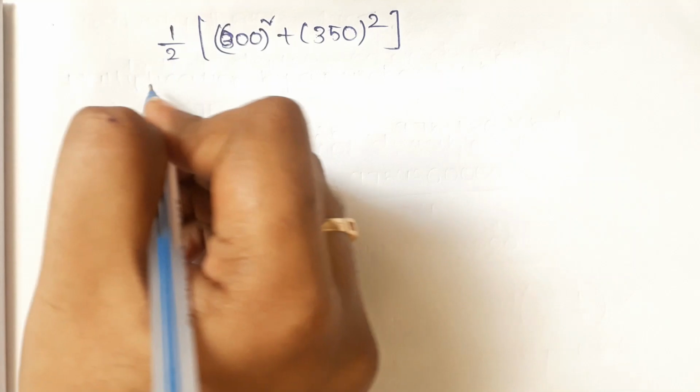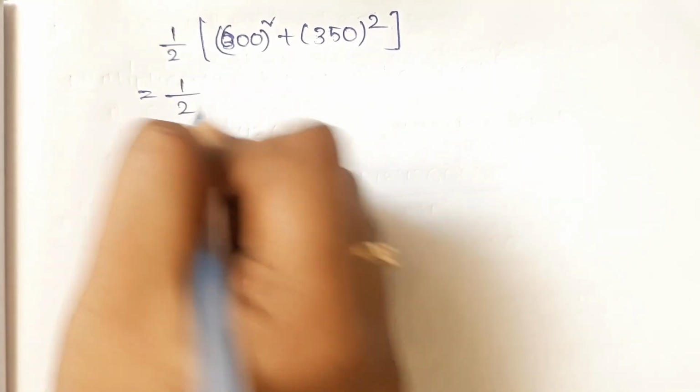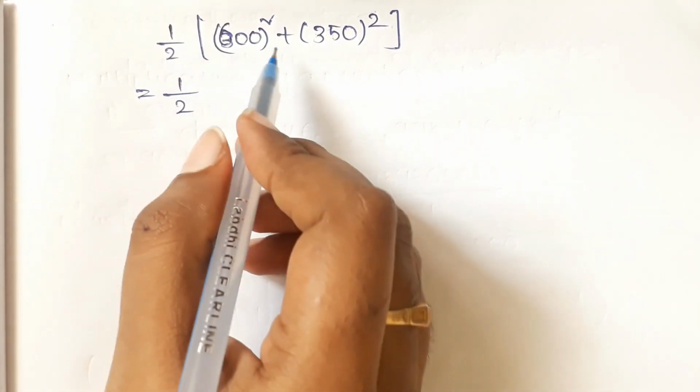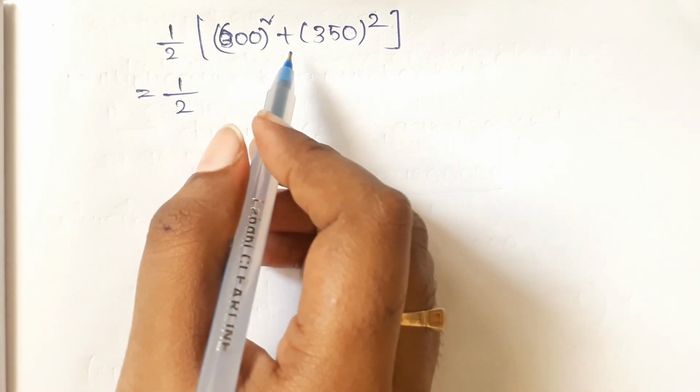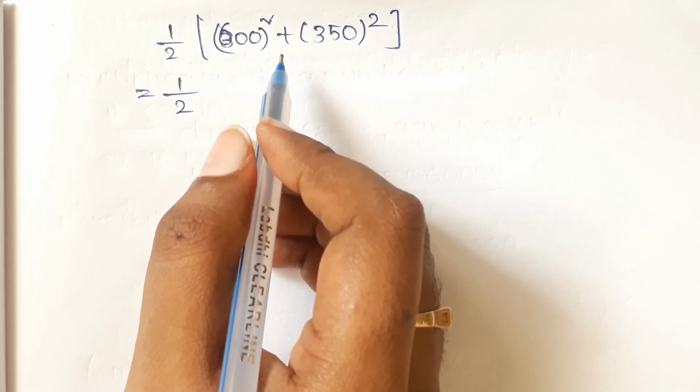And we will get this one from this. Here 1 by 2 into 600 whole square plus 350 whole square.